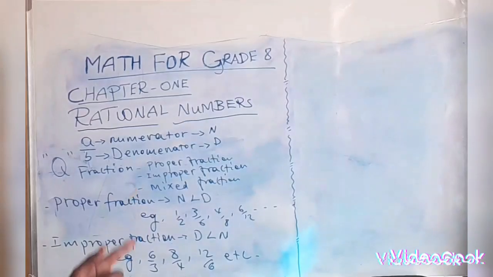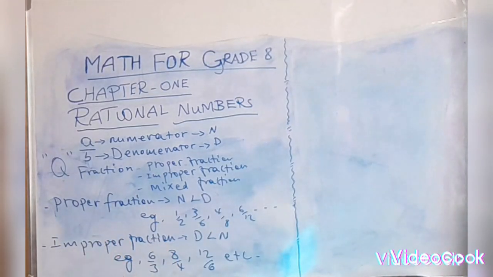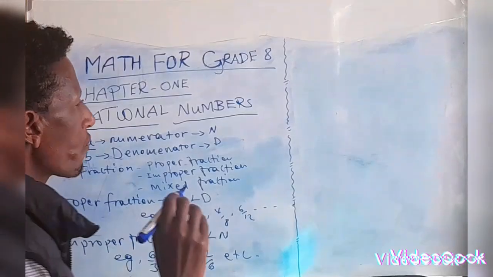When it comes to the third one, a mixed fraction is a fraction that contains both a whole number and a proper fraction.